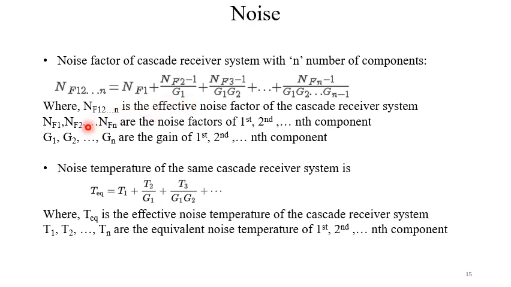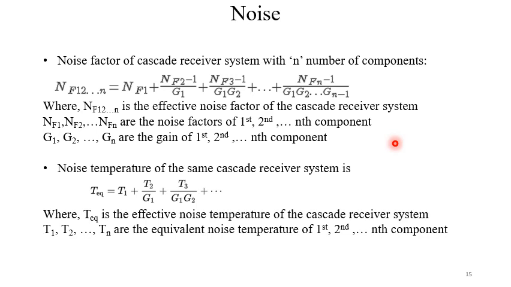So here, this one is the effective noise factor, and NF1, NF2, NF3 are the noise factors of the first, second and all the components up to the nth component, and G1, G2, G3 are the gains of the first, second and nth component.